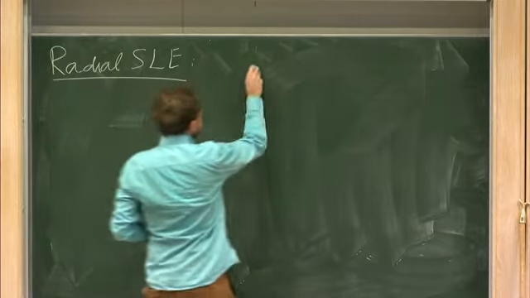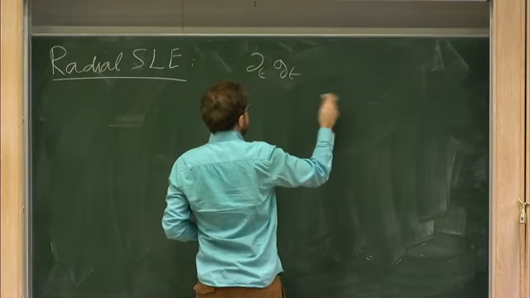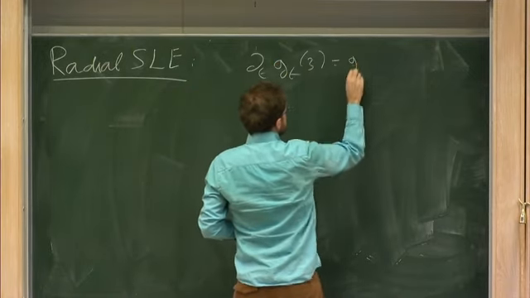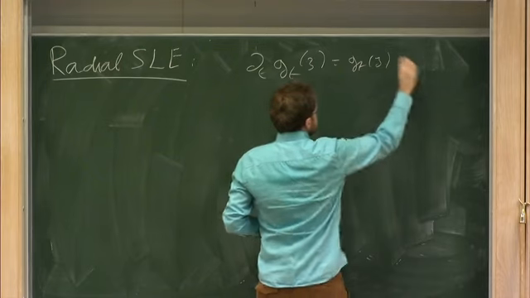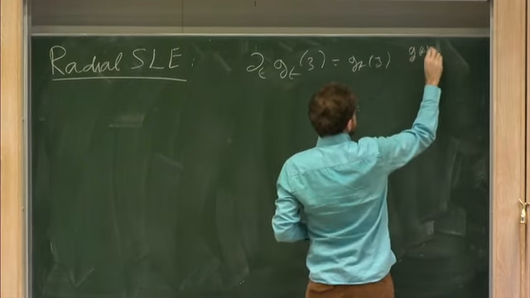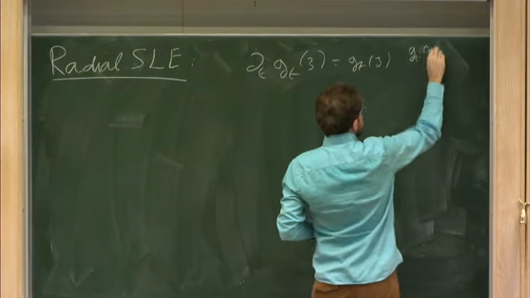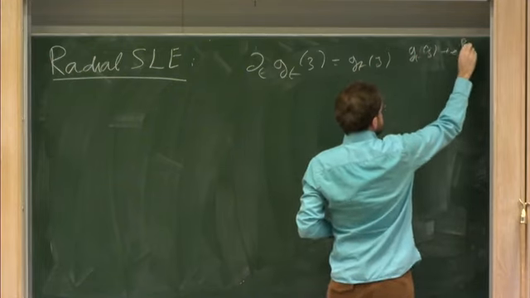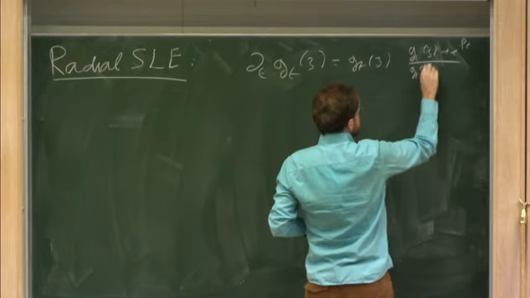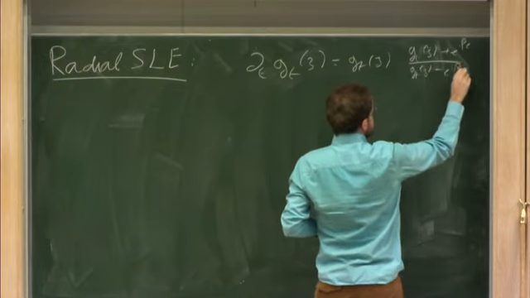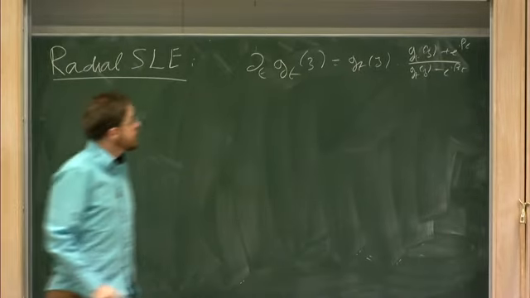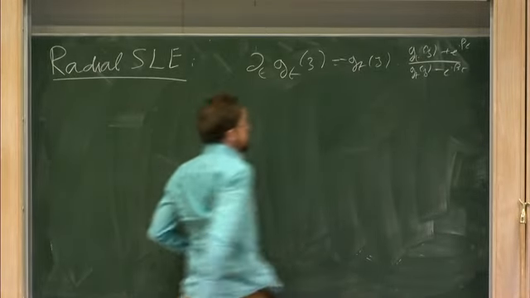And it was defined by solving the equation that d/dt g_t(z) is g_t(z) times (g_t(z) plus e^{iβ_t}) divided by (g_t(z) minus e^{iβ_t}).